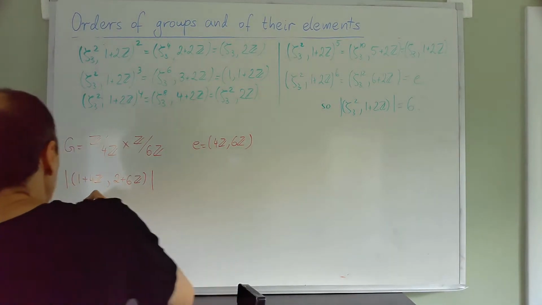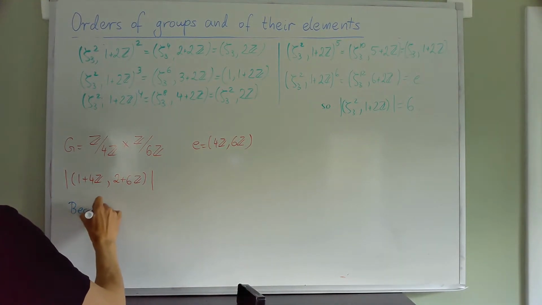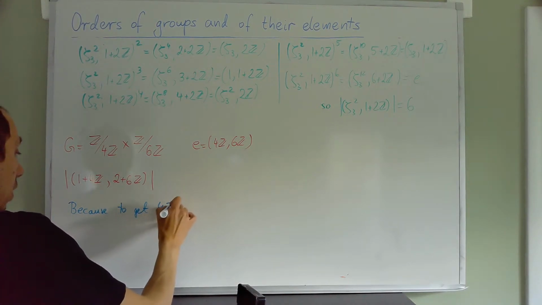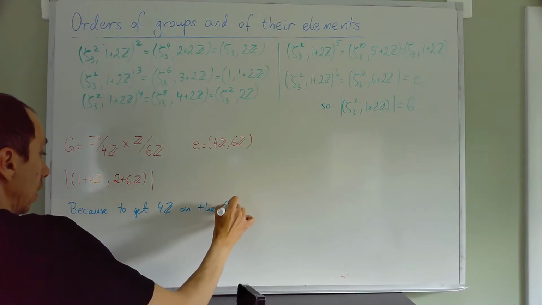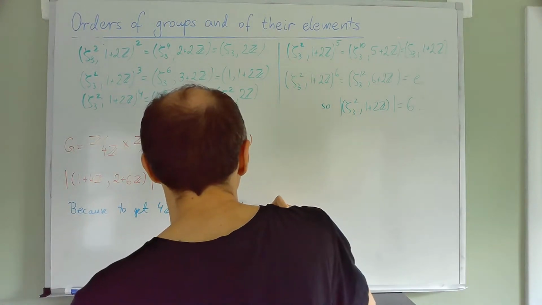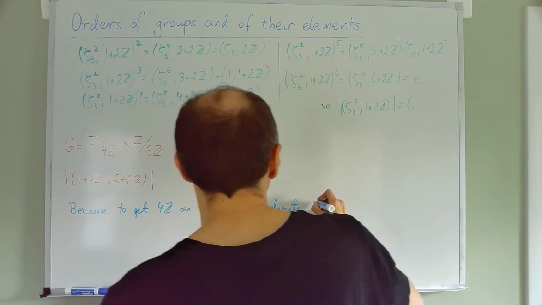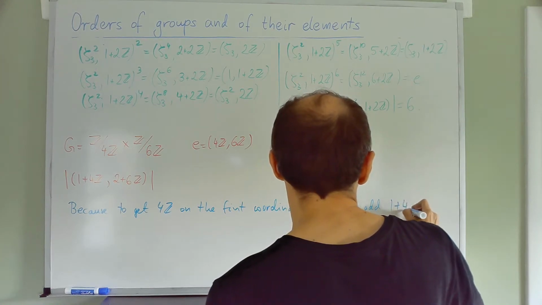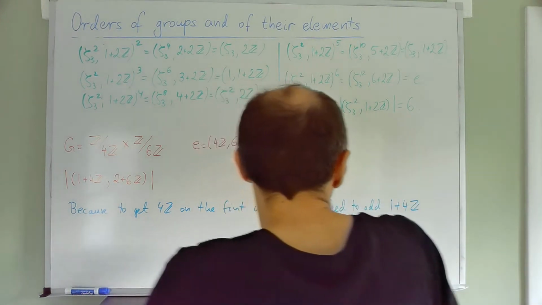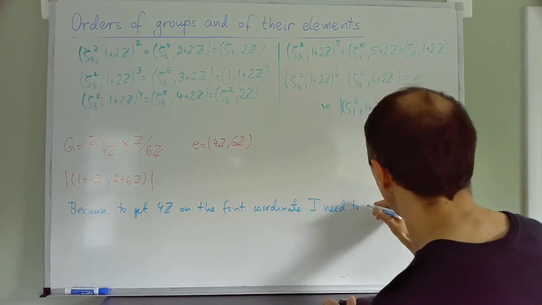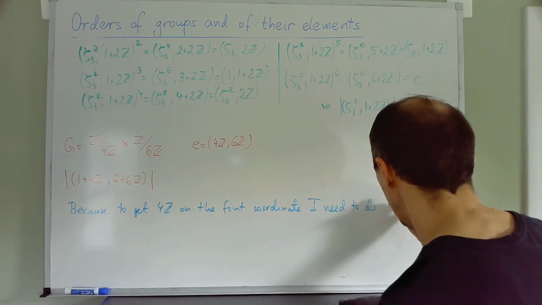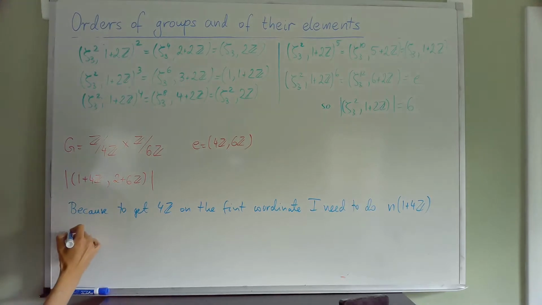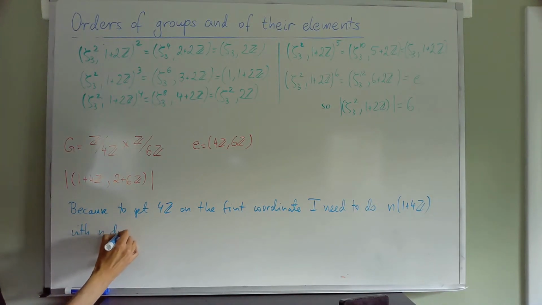So to get 4Z on the first coordinate, I need to do n times 1 plus 4Z with n divisible by 4.